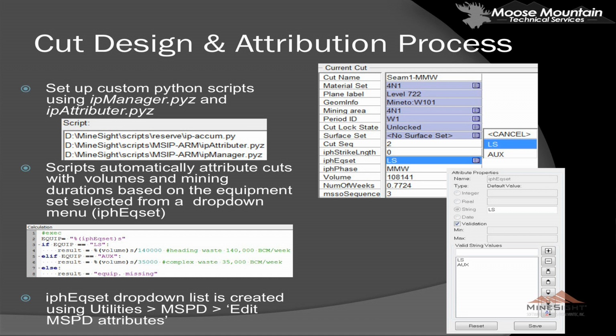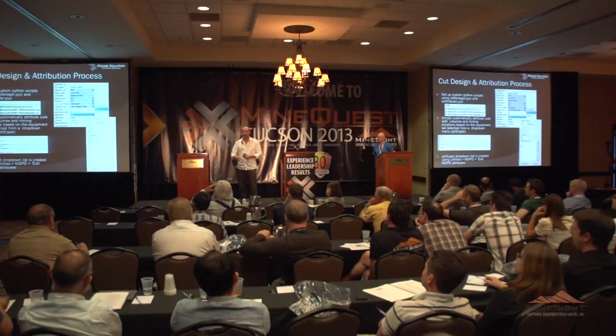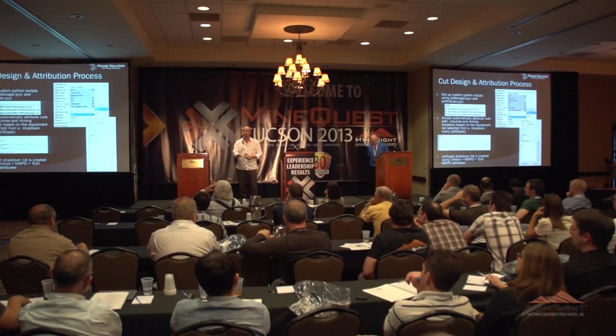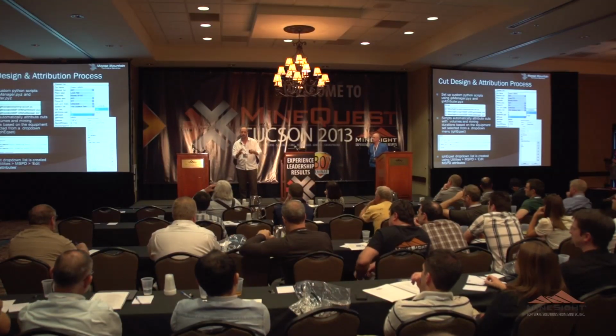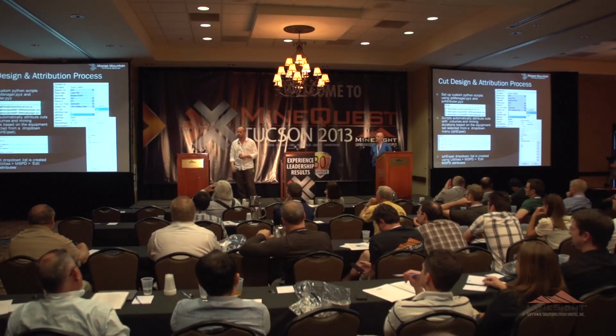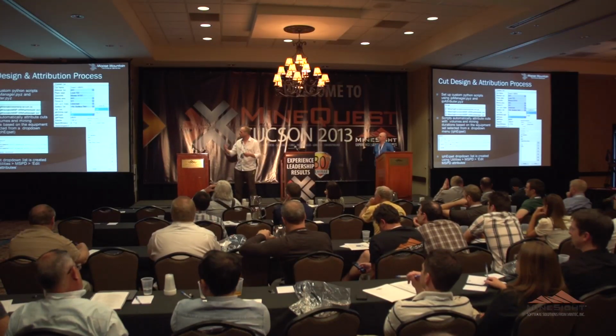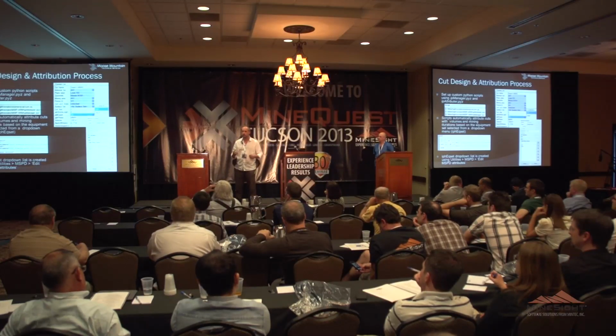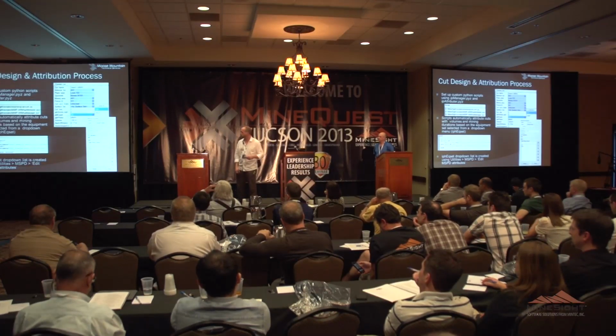Are you using a dozer? Is he pushing straight down dip of the coal seam? That's a different productivity and a different kind of equipment set than using a backhoe to strip off the waste and then a backhoe to recover the coal. So it allows you to attribute the type of equipment you want to use, and then from that you can kind of track.